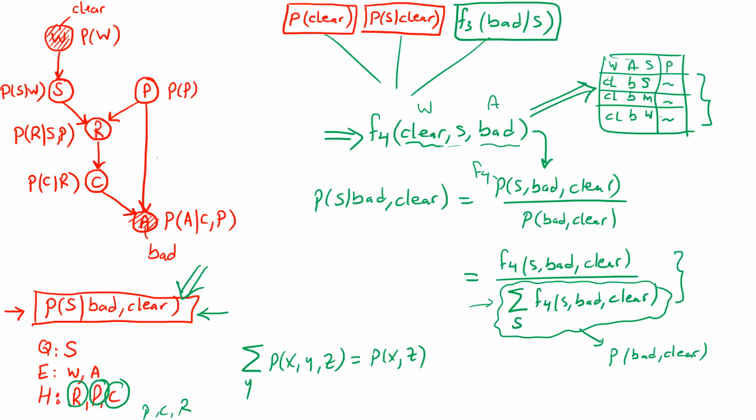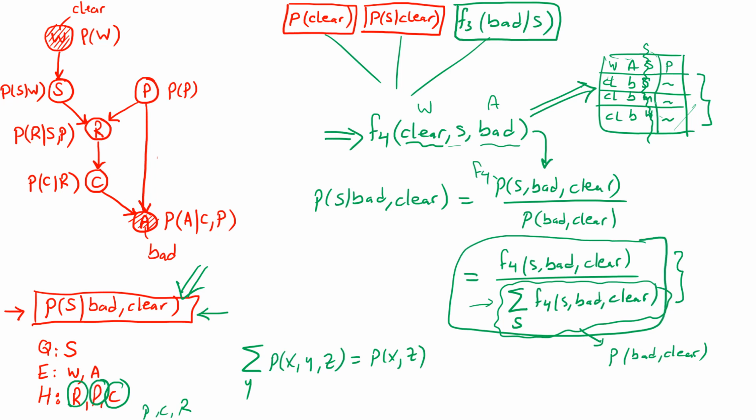When we do that, the meaning is that we divide by the probability of the evidence. So when we normalize here, it's like eliminating this factor. When we eliminate this, we get the probability of clear and bad together. And now when we normalize, we divide by them, it is exactly this equation.